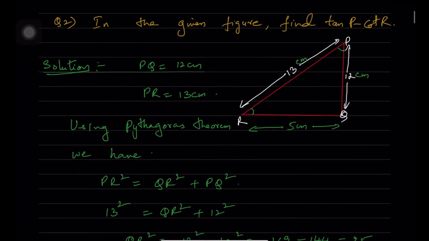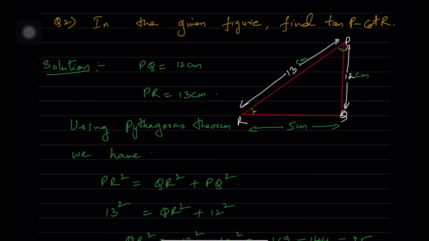Now in the second problem, in the given figure, find the value of tan P minus cot R. P is this angle and R is this angle. We have PQ equal to 12 centimeters and PR equal to 13 centimeters. The hypotenuse is given, and we only have to find QR.